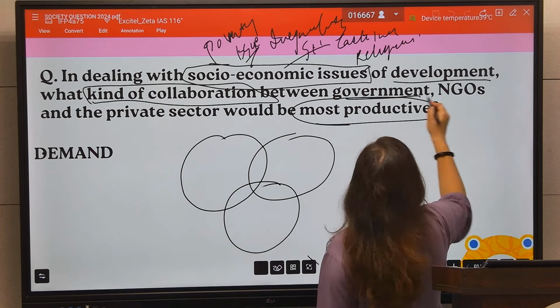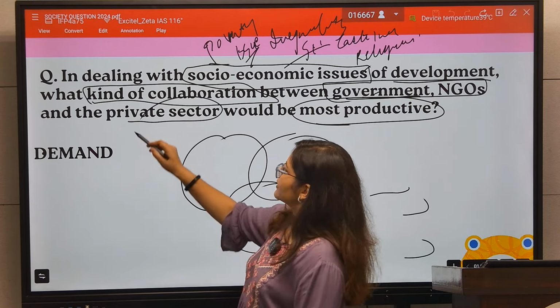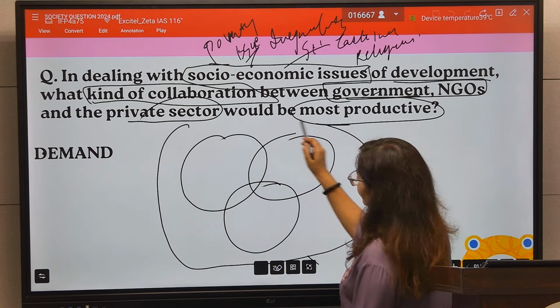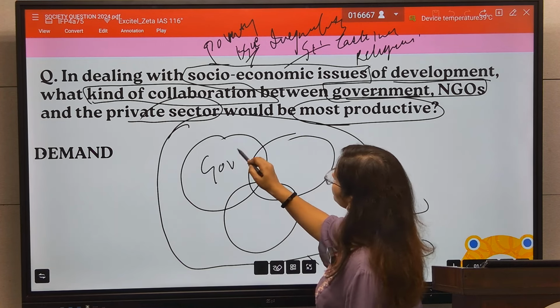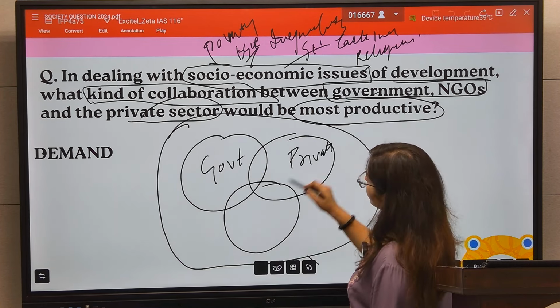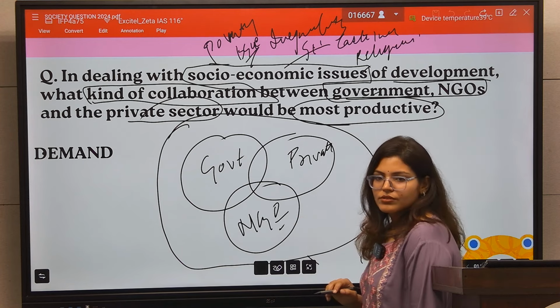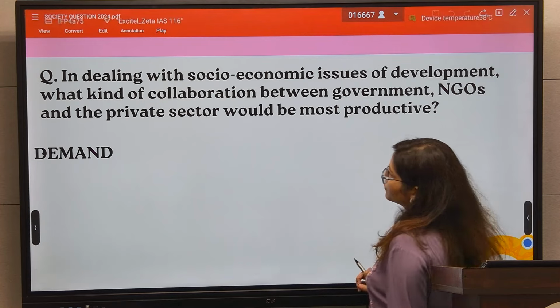So when I say the terms development, NGO and private sector, this diagram comes to mind: yes, there is a collaboration between government, private sector and the NGOs. Now what is the demand of the question?